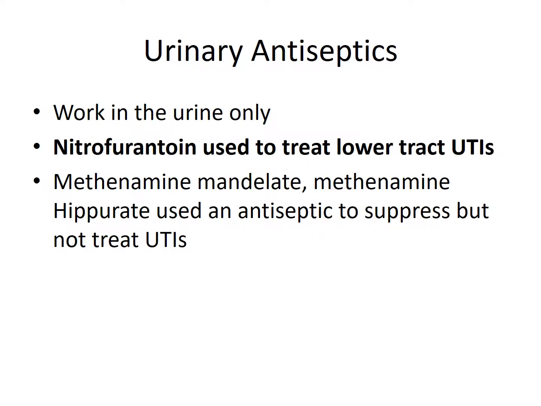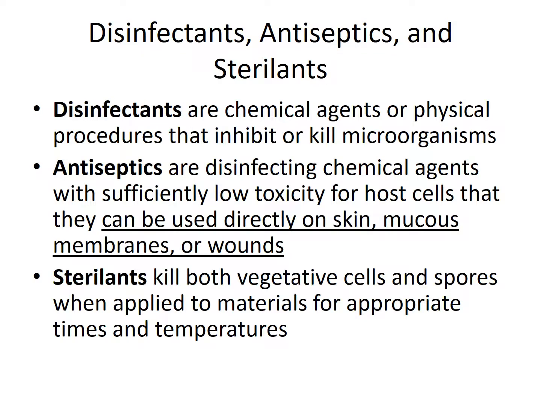Nitrofurantoin and the methenamines, methenamine mandelate and methenamine hippurate, are drugs that can be taken orally, but essentially have no activity until they're excreted in the kidney and reach the urinary tract, and they're used to reduce bacterial load in the urinary tract.